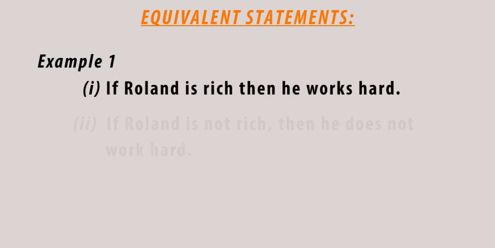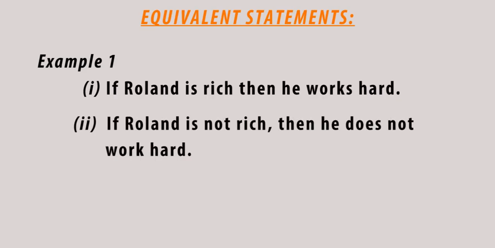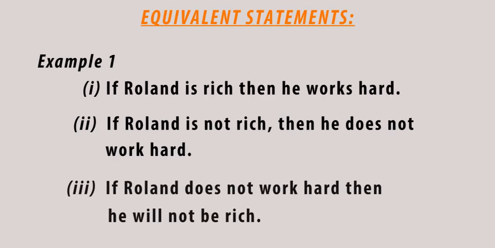II, if Roland is not rich, then he does not work hard. III, if Roland does not work hard, then he will not be rich. Let's look at the solution.